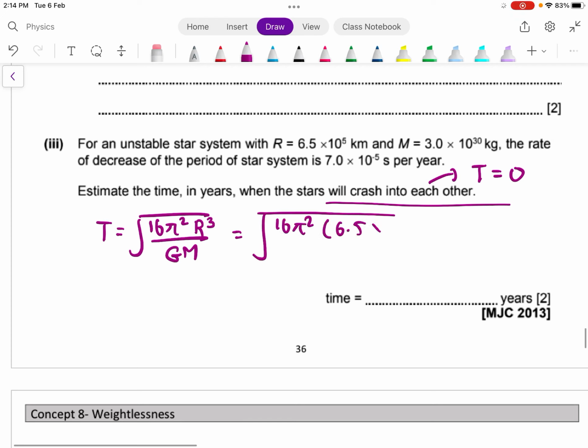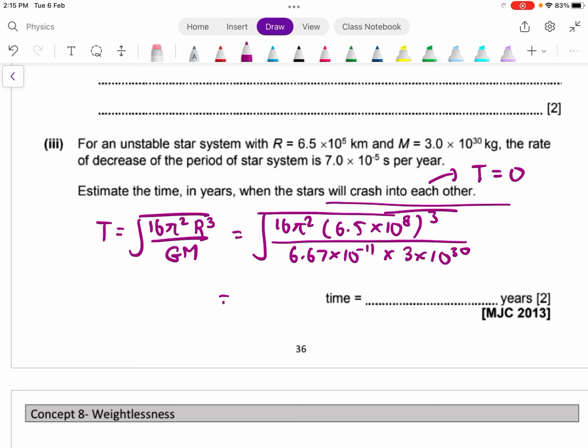Remember to put in terms of SI units: 16 pi squared times 6.5 times 10 to the power of 8, cubed, divided by G, which is 6.67 times 10 to the negative 11, multiplied by big M, 3 times 10 to the 30. Whatever is inside the square root is about 216726845.3, so I just need to square root.